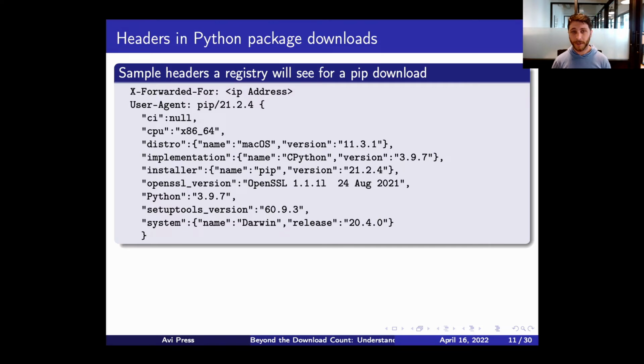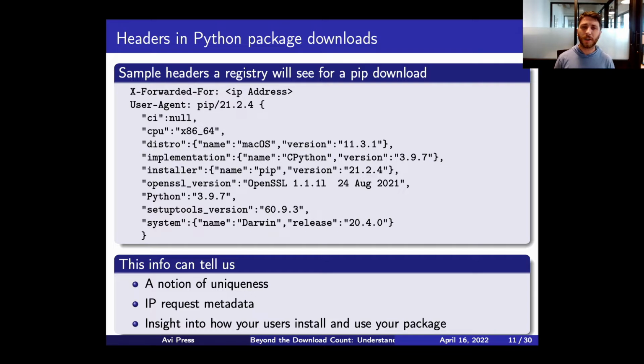And then the other, as we see an example of here, pip has a lot of information about the user. So for instance, what CPU architecture, the distro and operating system, Python version, how even Python was installed, OpenSSL, and these sorts of things that can give a lot of information about the context that our packages are being used in.